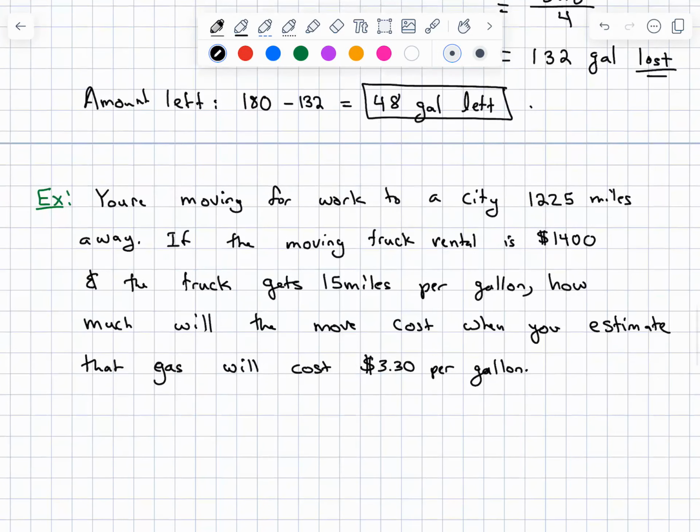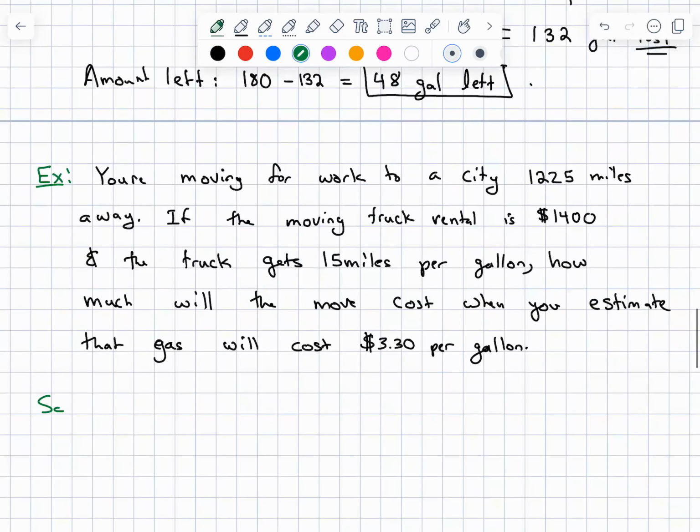So, solution. First things first is that the total cost is going to equal the rental plus gas.